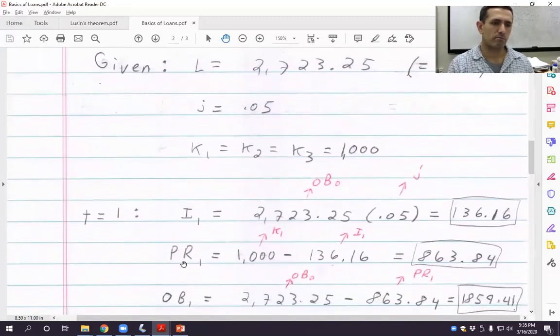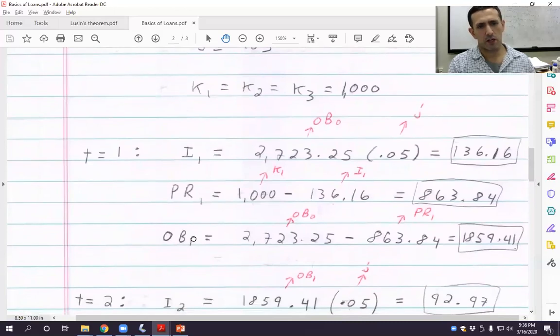The outstanding balance at the end of the first year is 27.23 minus the principal repaid, 1859.41. Again, this is how much the loan is worth at the end of the first year.